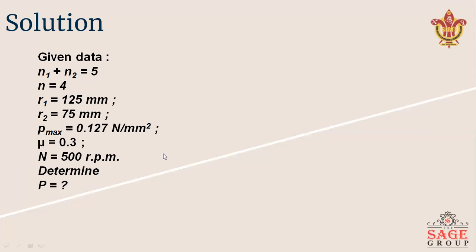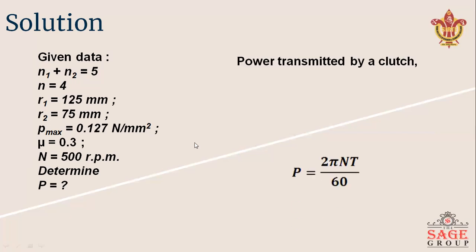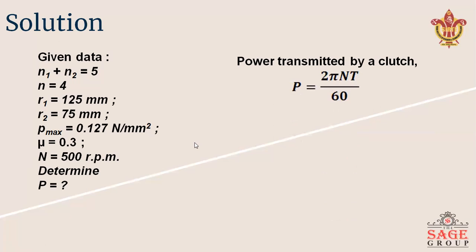Initially we know that the power transmitted by the clutch P is equal to 2 pi N T upon 60. Here T is the torque transmitted by the clutch.